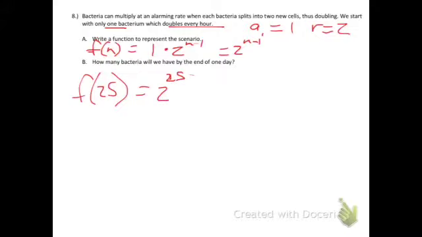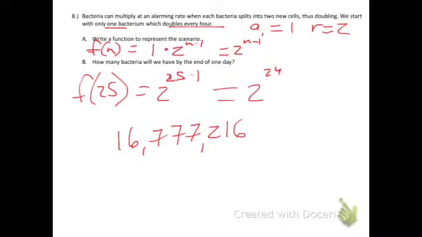Sorry, 25 minus 1. And it's basically just 2 to the 24th, which you can plug in your calculator, and it's actually a fairly large number. 2 to the 24th power to get, looks like 16,777,216 bacteria.